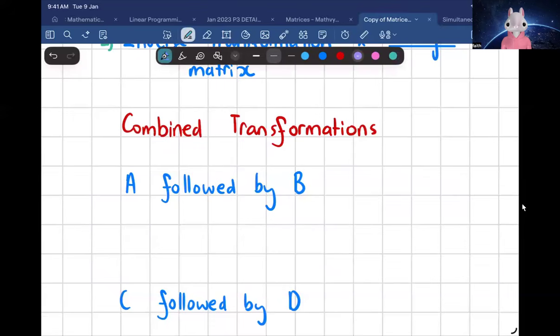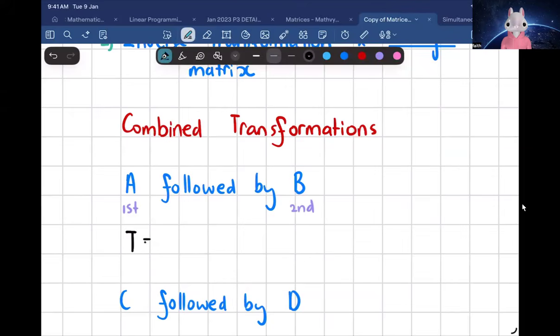If you read the statement, what do you think was done to the object first, A or B? A is the first transformation and B is the second transformation.